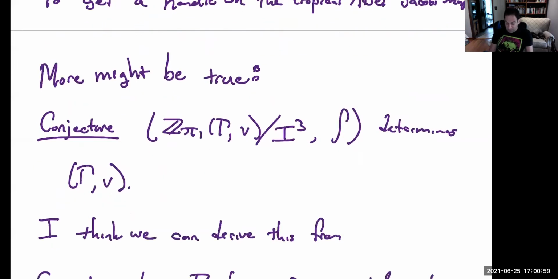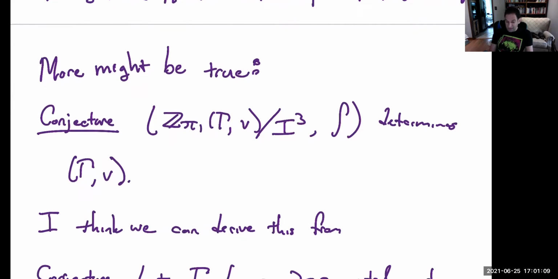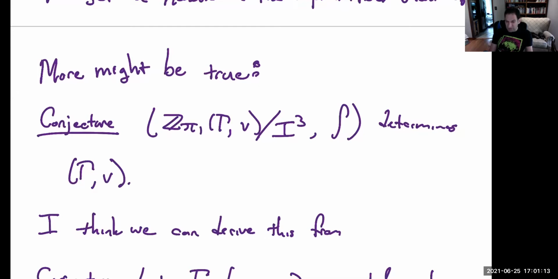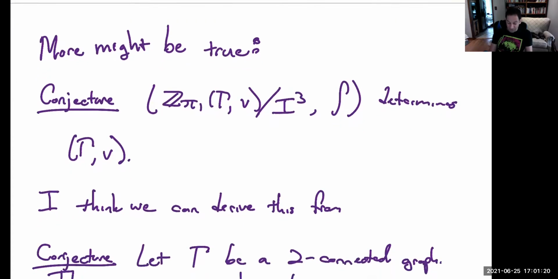I think for bridgeless graphs of genus at least 2, the integration algebra determines the graph together with the base point. It's a conjecture, but I think it gets rid of the 2 isomorphism ambiguity. All right, and I've spent a lot of time trying to prove this. I can't prove it.